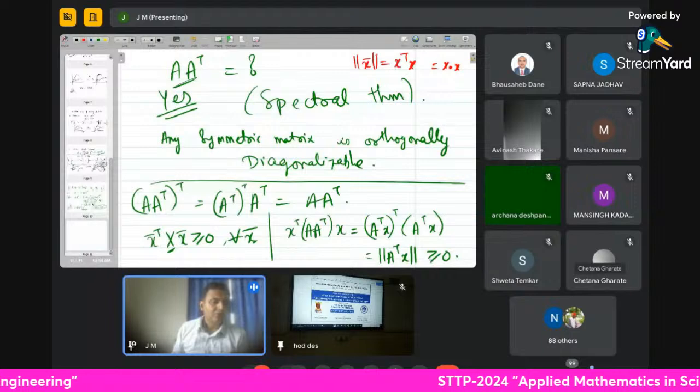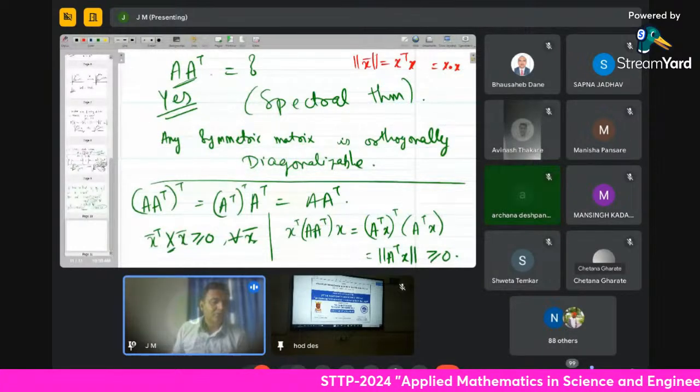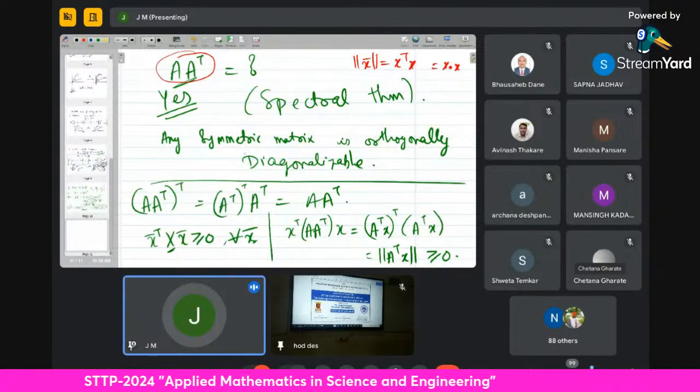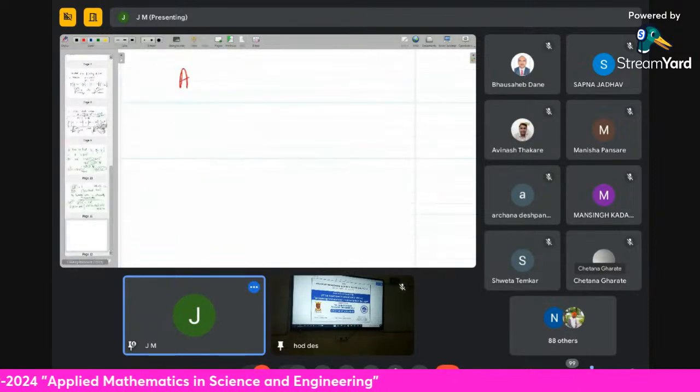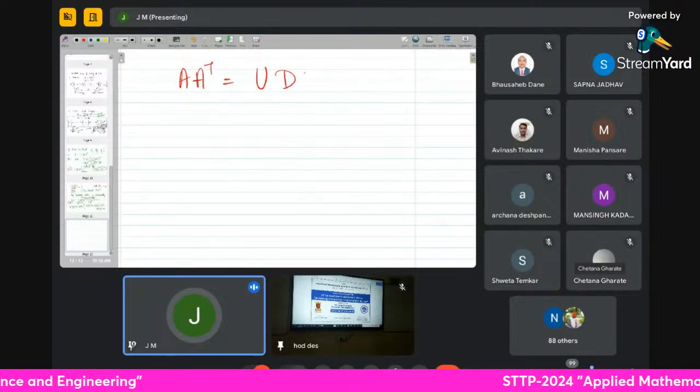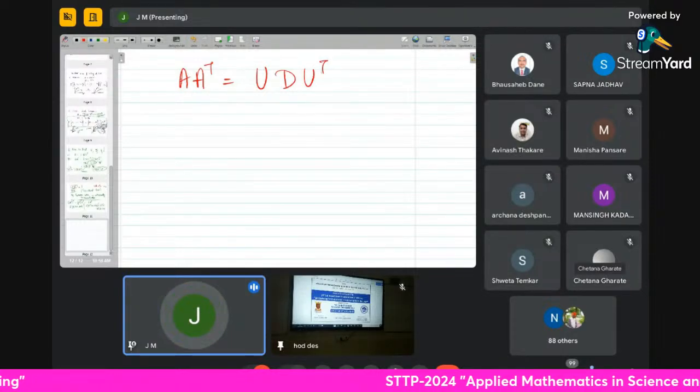So our A transpose A is a very nice matrix. By the spectral theorem, I know that A transpose A can always be decomposed as U D U transpose.